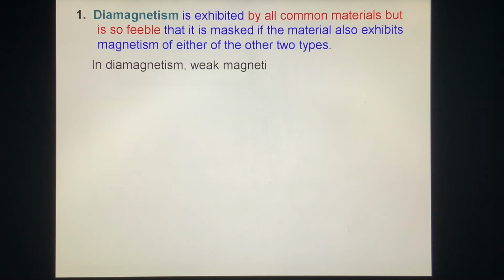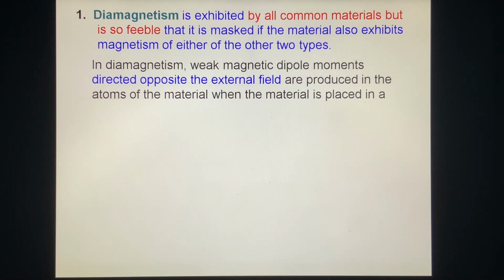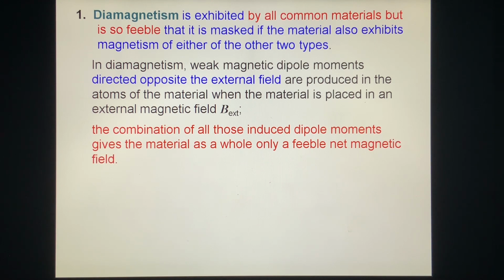In diamagnetism, weak magnetic dipole moments directed opposite the external field are produced in the atoms of the material when the material is placed in an external magnetic field, B external. The combination of all those induced dipole moments gives the material as a whole only a feeble net magnetic field.